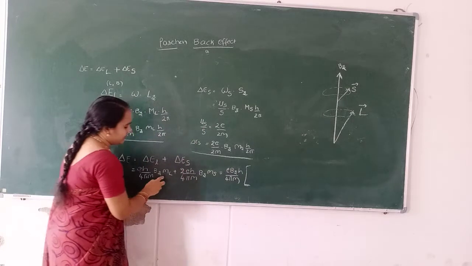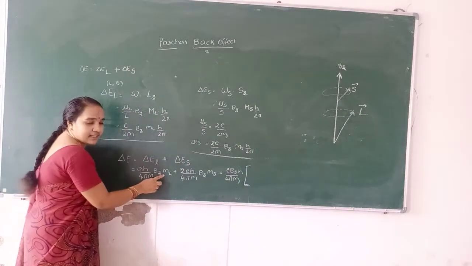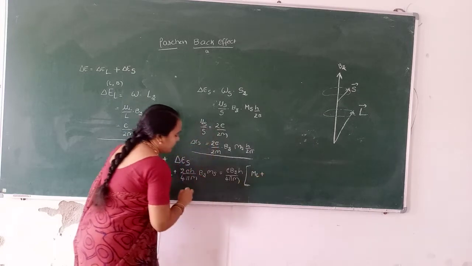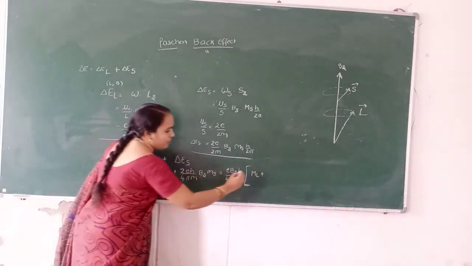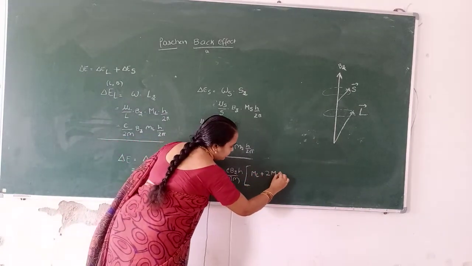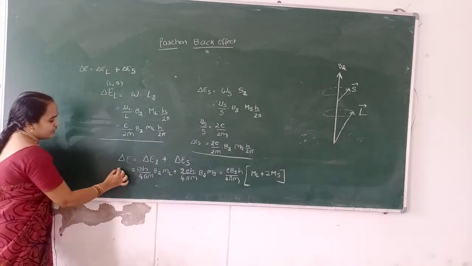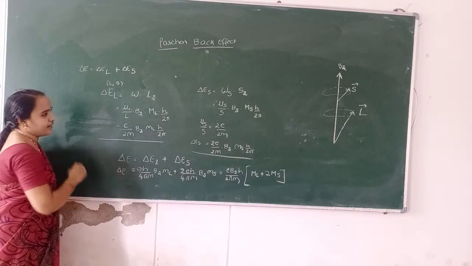The remaining terms are ml plus 2 ms. So this is the interaction energy in the Paschen-Back effect.